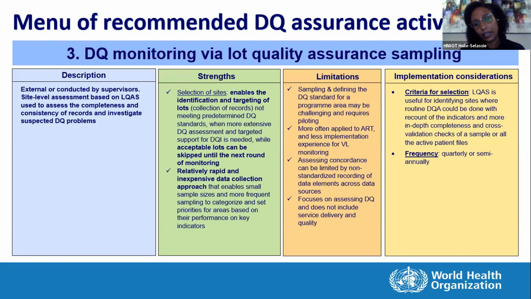And I think the advantage of this really is, apart from it being quick and inexpensive and something that you can do frequently, so we have quarterly or semi-annually for the periodicity included here. But it's also useful for identifying sites where there are issues and there are data quality challenges that you can then target for more extensive data quality assurance activities such as routine DQAs.